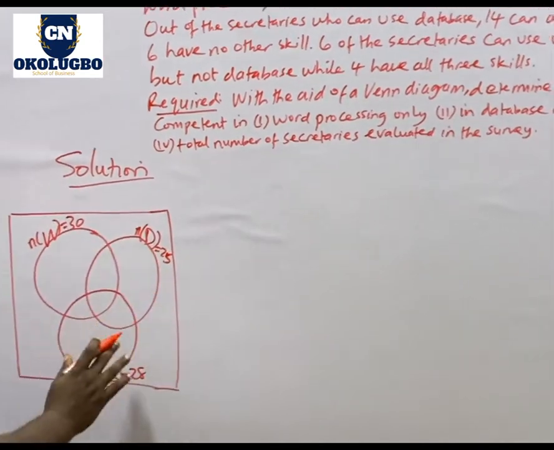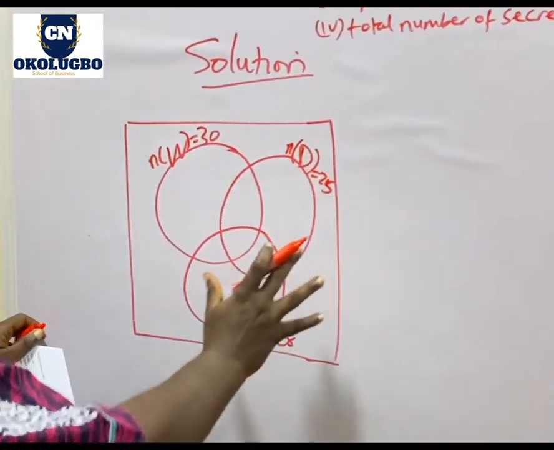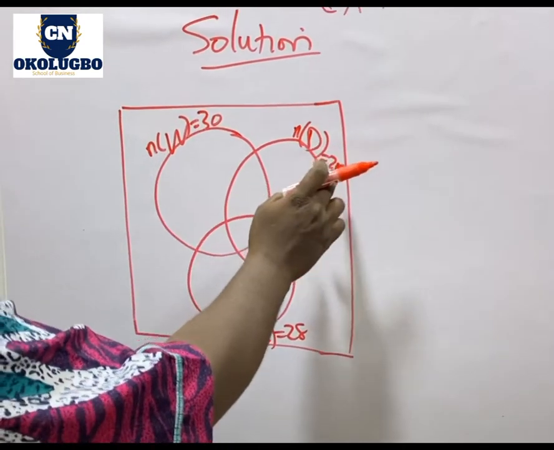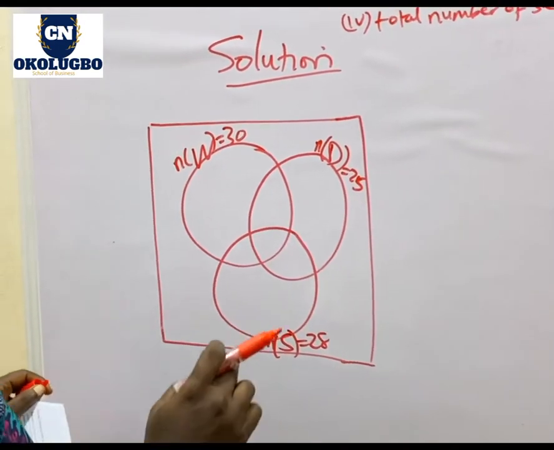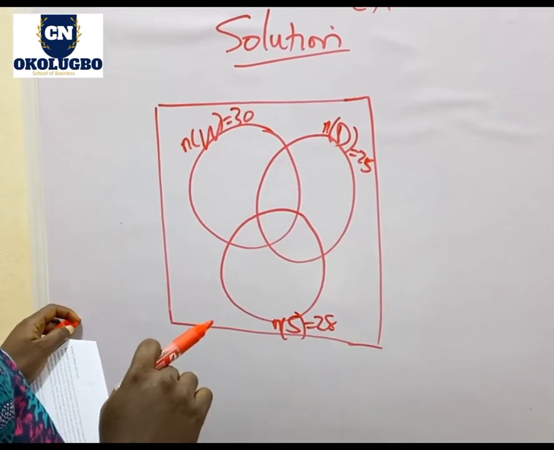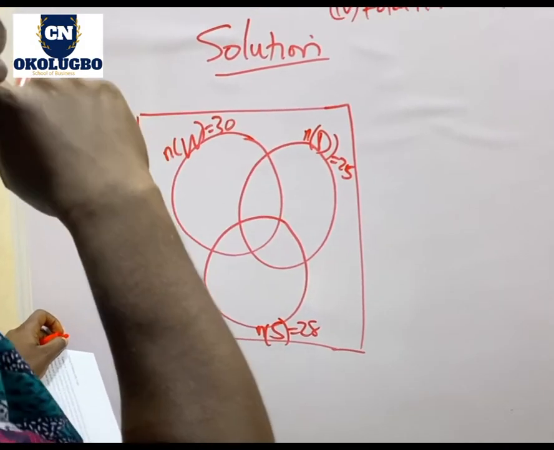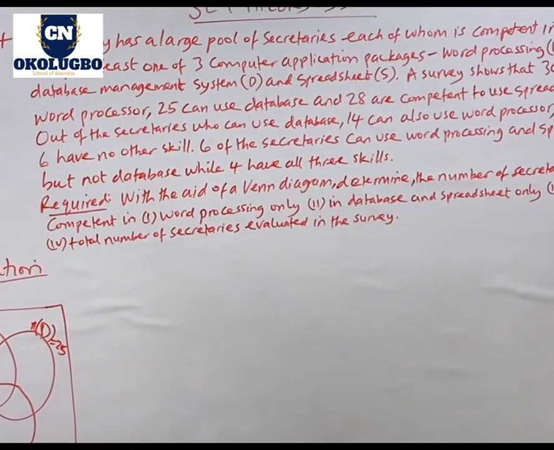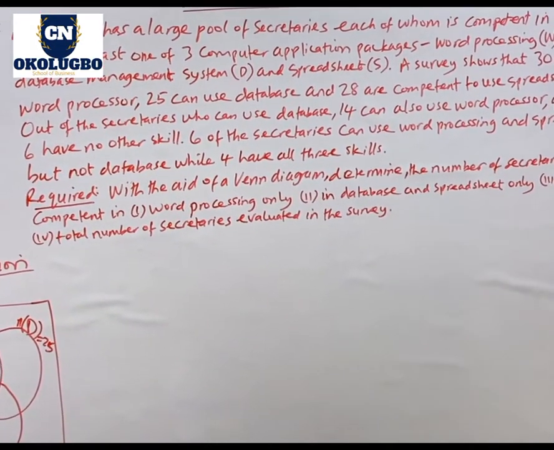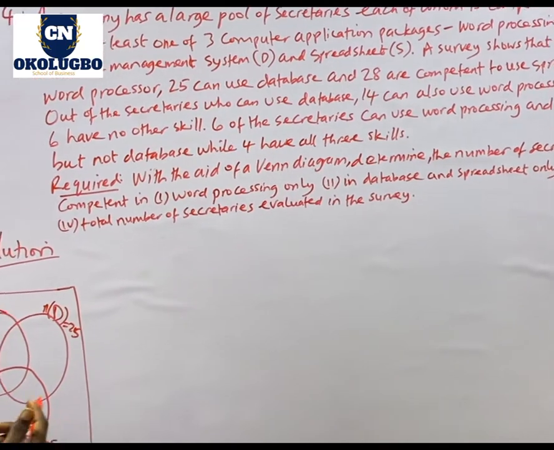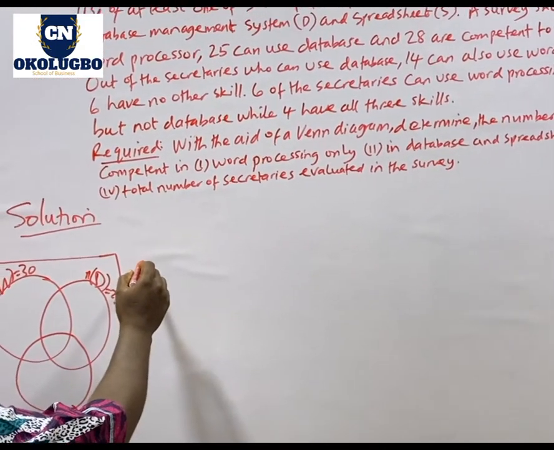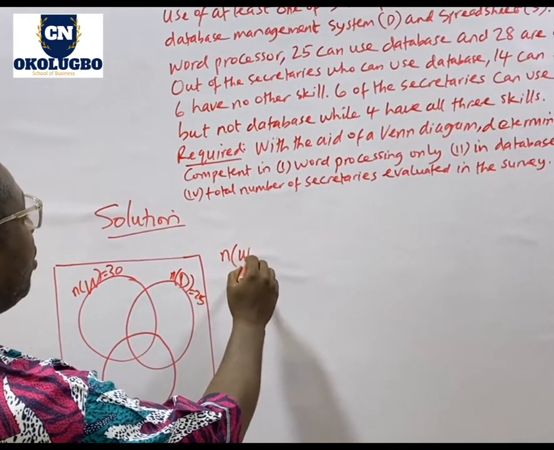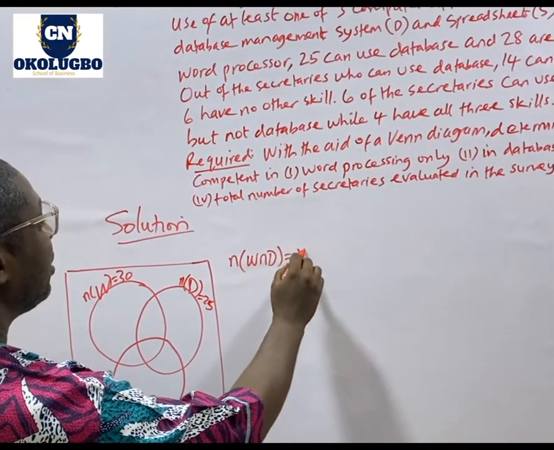So we already know what the total of each circle will be: 30, 25, and 28. From the question, we're told that out of the secretaries who can use database, 14 can also use word processor. So that will be the number of word processor and database. That's 14.